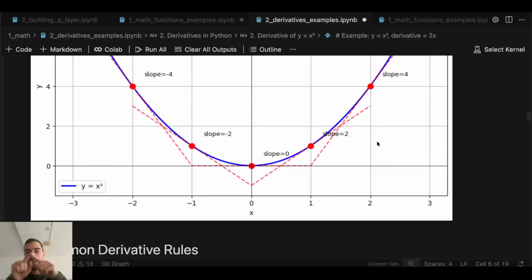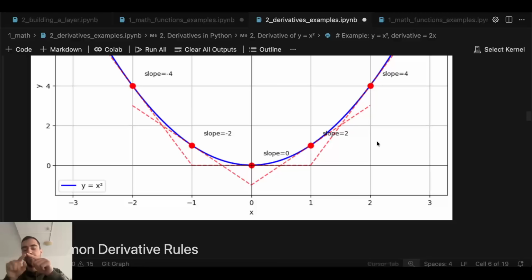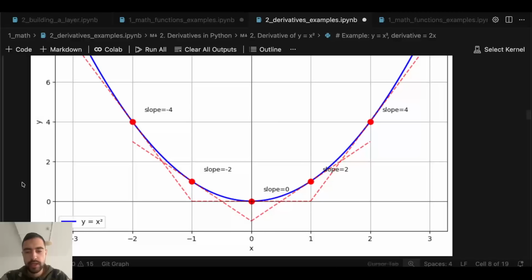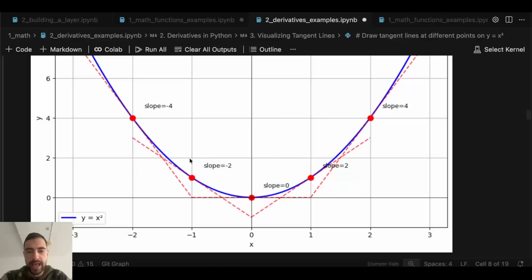But if you increase x by a lot more, then the slope will also change. So in summary, the derivative will show you this slope. It will show you the rate of change around this point. And for this particular function, the slope, or the derivative, will be equal to 2x.